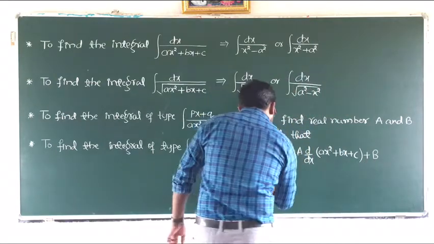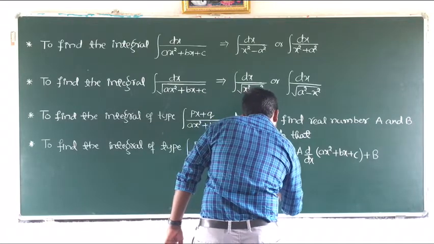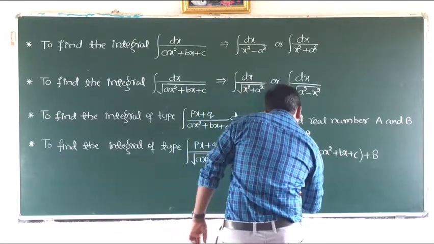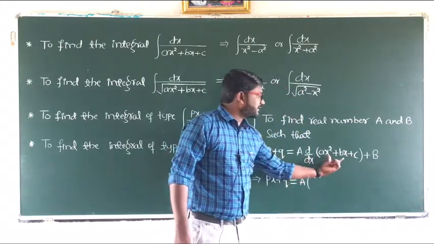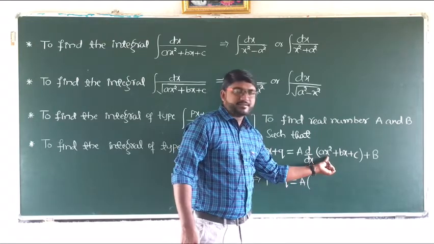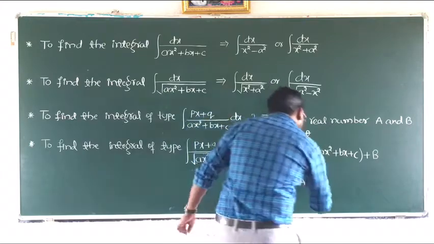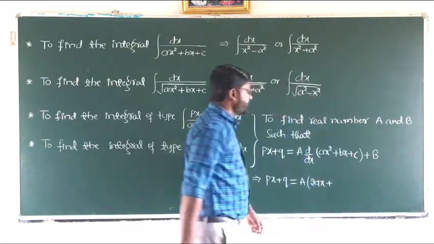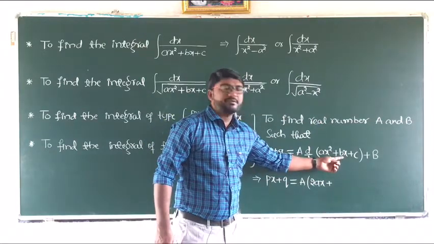So what is the next step now? This implies px plus q equals A into the bracket. What is the derivative of this now? a is a constant, I write it as it is, then the derivative of x square will be 2x. So a into 2x can be written as 2ax, plus the derivative of bx, which will be b.